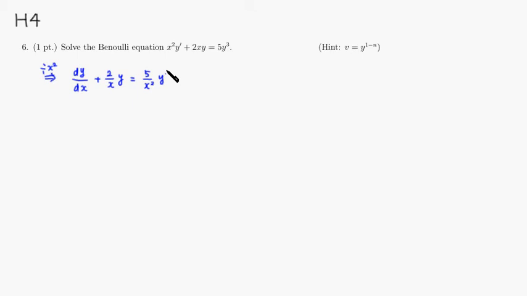times y cubed. So this fits the form of a Bernoulli equation, where this is our p of x, and this is our q of x, and this power is n, so n equals 3 in this case.